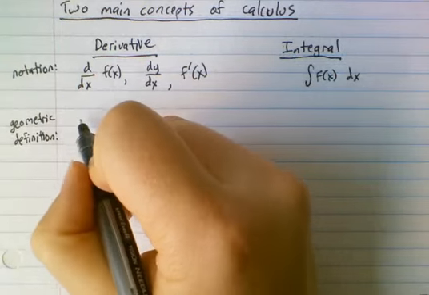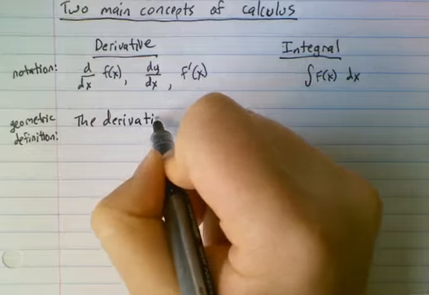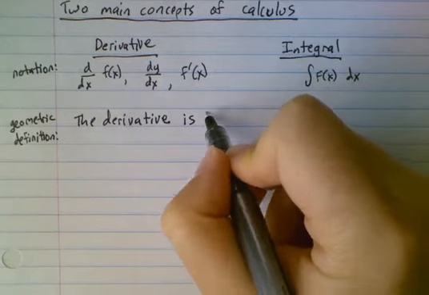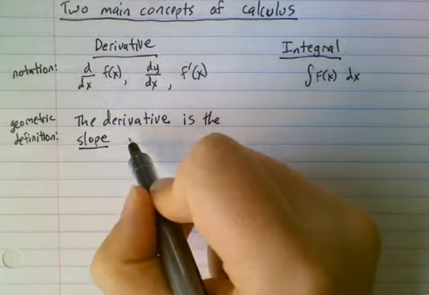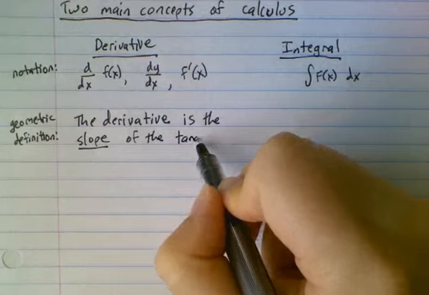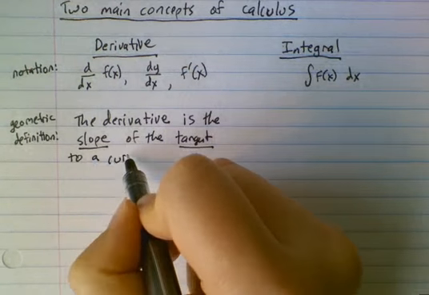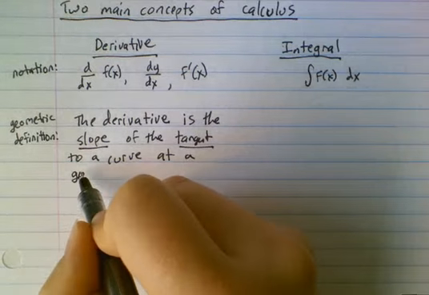So the derivative is the slope of the line tangent to a curve at a given point.